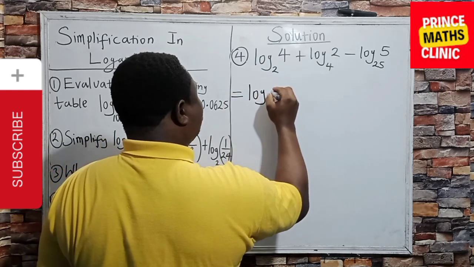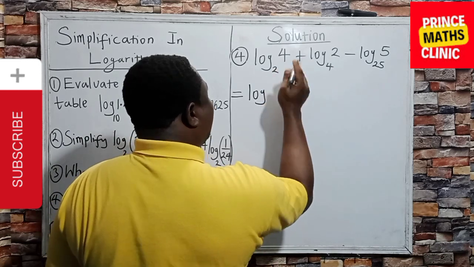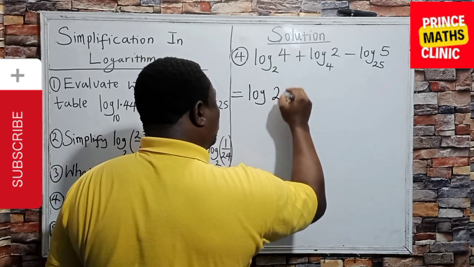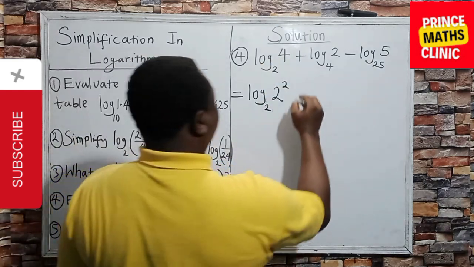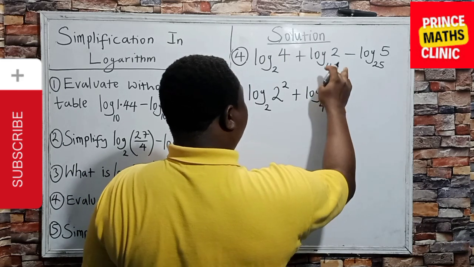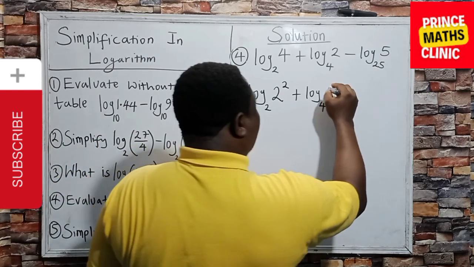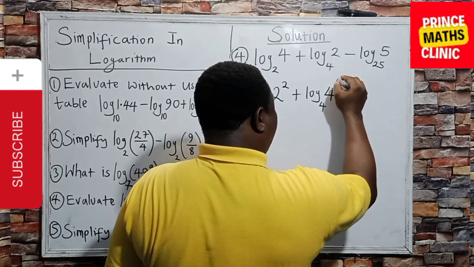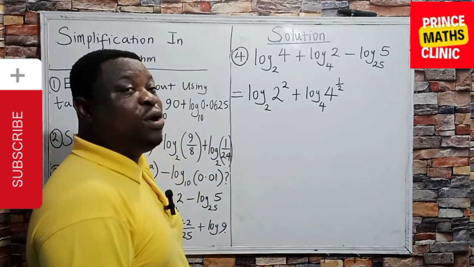I will leave this as, okay, let me make this 4 as 2 to the power of 2, having a base of 2, then plus, I want to leave this as it is here, base of 4, but I'm going to call this 2 as 4 to the power of half. I know when anything is carrying the power of half, it means square root.